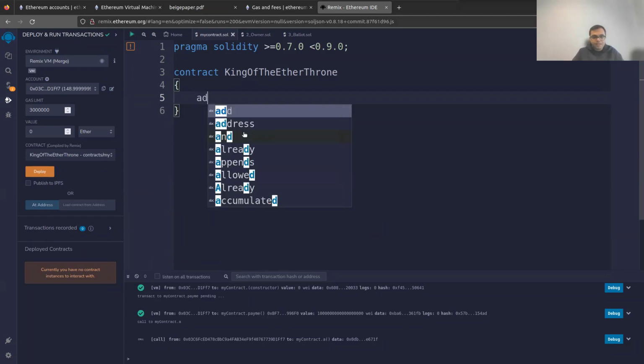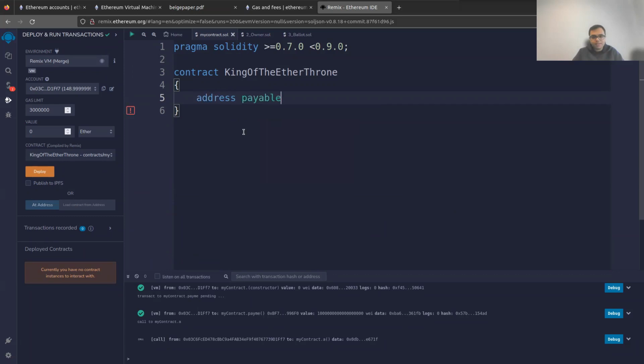There is an address, and this is the king. The idea is that you want to show that you're really rich, so you can pay this contract to become king. You have to pay more than the previous king, and when you do, your money is sent to the previous king.